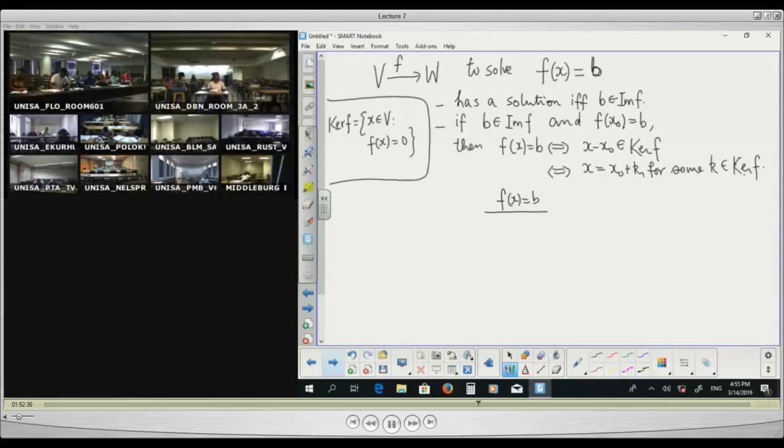If the answer is yes, then I have to find an x naught such that f of x naught is B, and then I have to find the kernel of f.